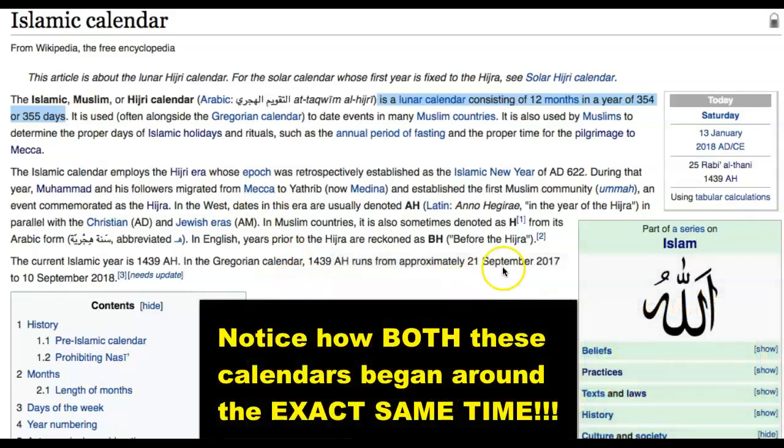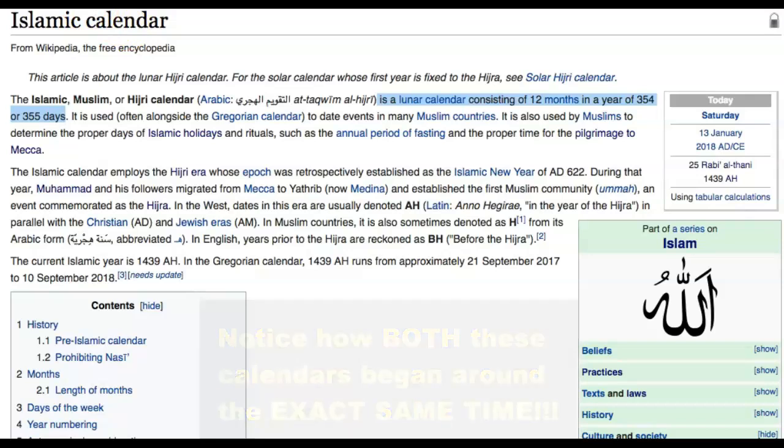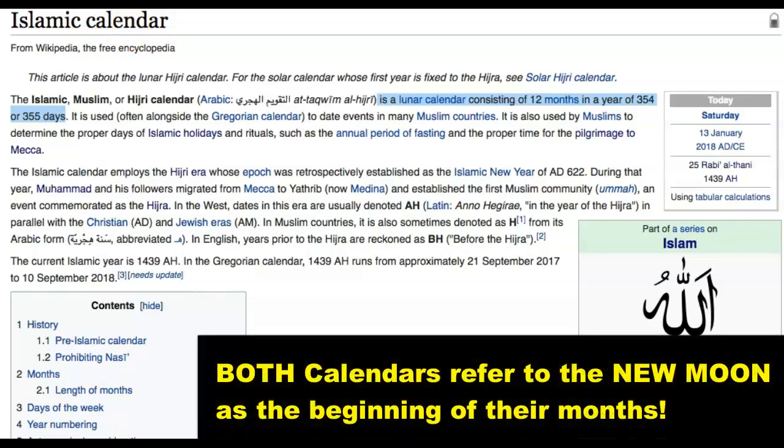And also note how this past year, this calendar also started around September 20th, September 21st, 2017. So both of these calendars started around the exact same time. And just like the Jewish calendar, the Islamic calendar uses the moon and cites the new moon as the new month for the Islamic calendar.